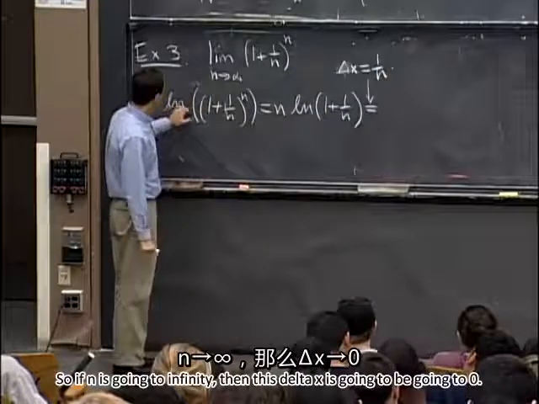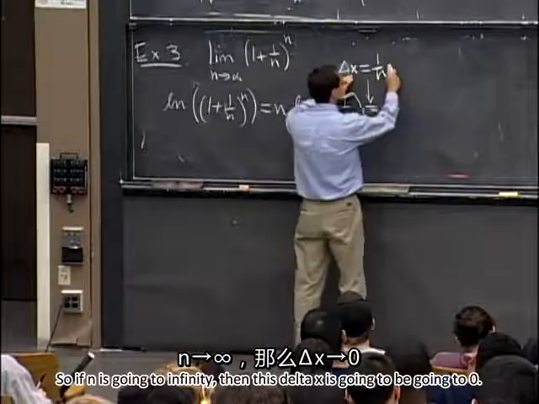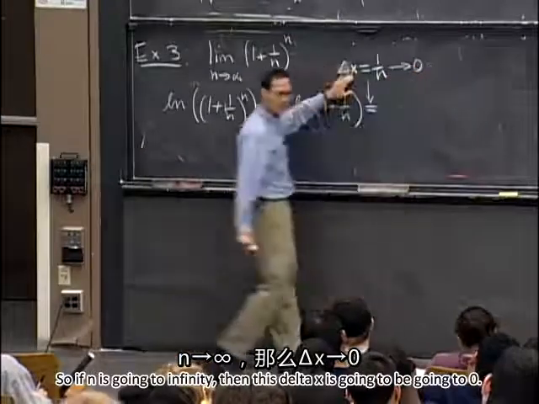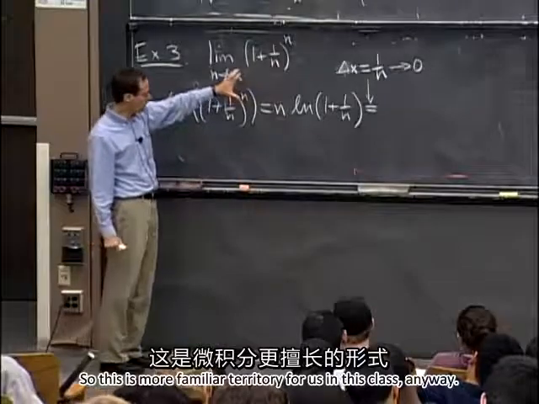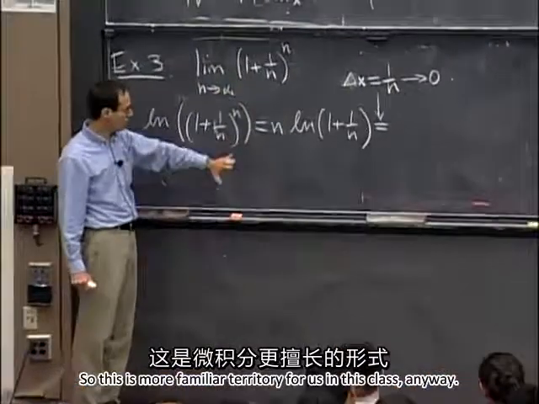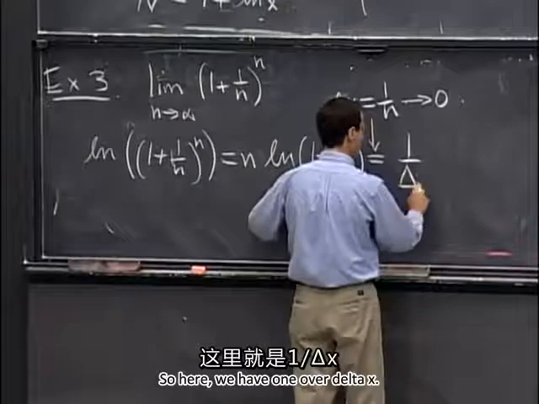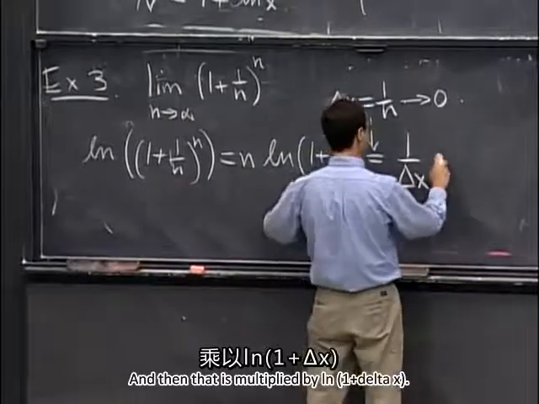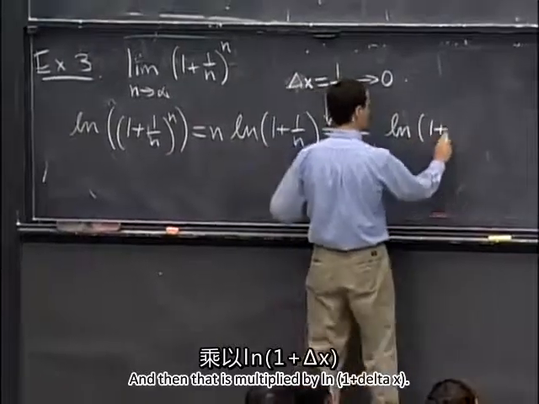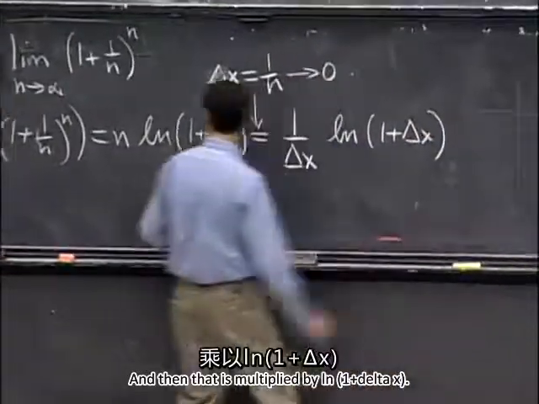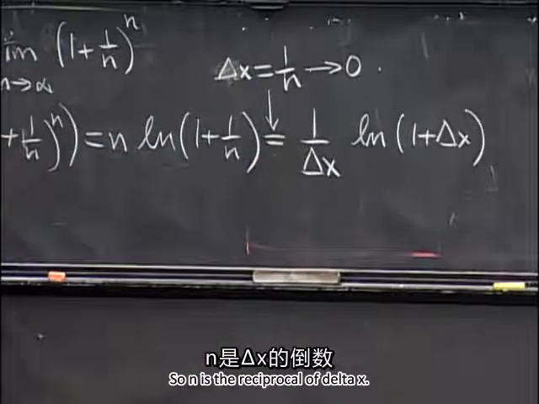So if n is going to infinity, then this delta x is going to 0. So this is more familiar territory for us in this class anyway. So let's rewrite it. So here we have 1 over delta x, and then that is multiplied by log of 1 plus delta x. All right, so n is the reciprocal of delta x.